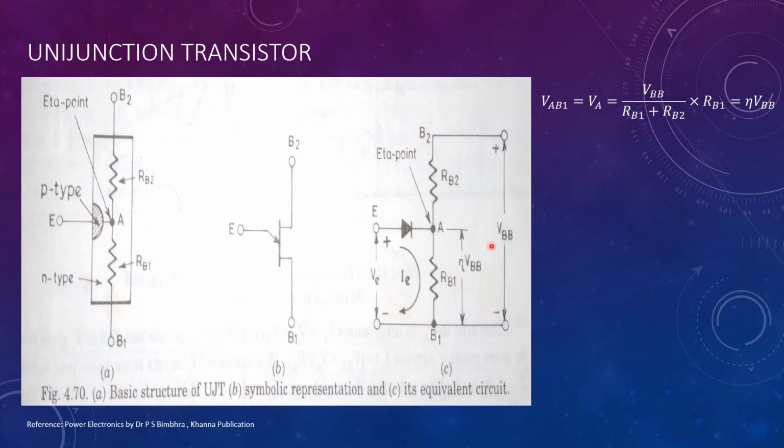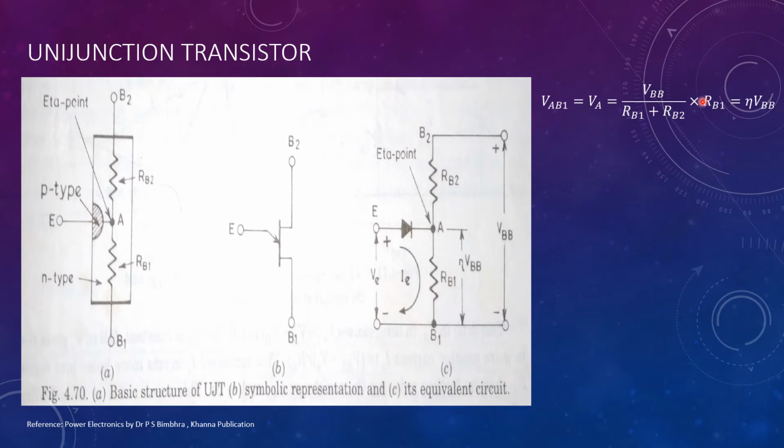With a voltage VBB applied between the terminals B2 and B1, the voltage at point A, that is eta point, with respect to B1 is given by the voltage divider rule. Therefore, VAB1 is equal to VA, that is equal to VBB into RB1 divided by the total, that is RB1 plus RB2.